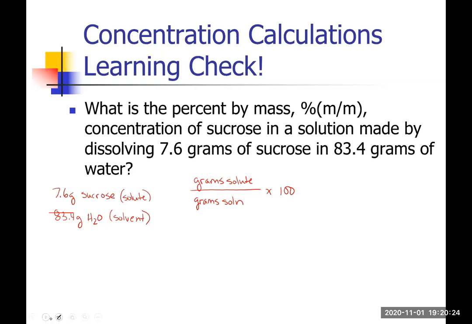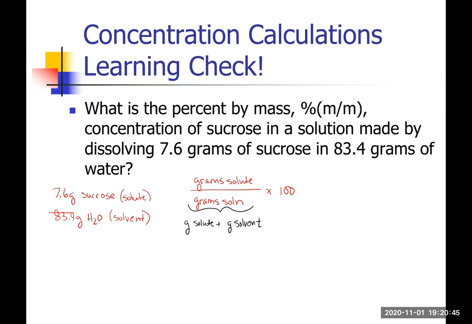And we also know that the grams of solution are equal to the grams of solute plus the grams of solvent. So we can start plugging into this formula.